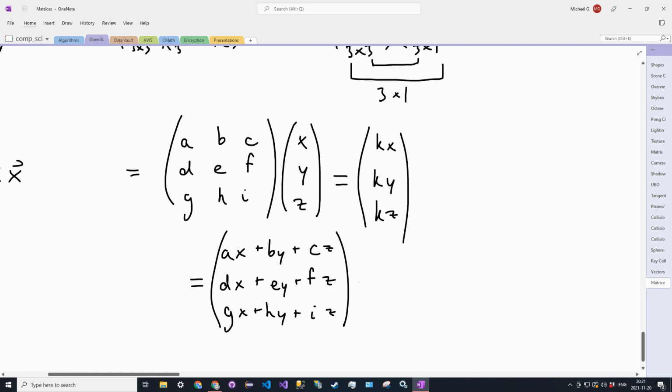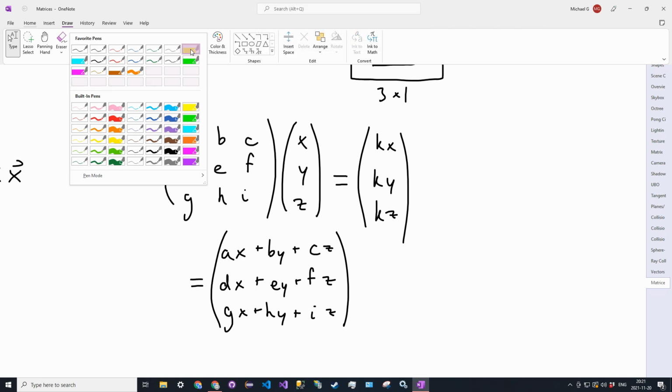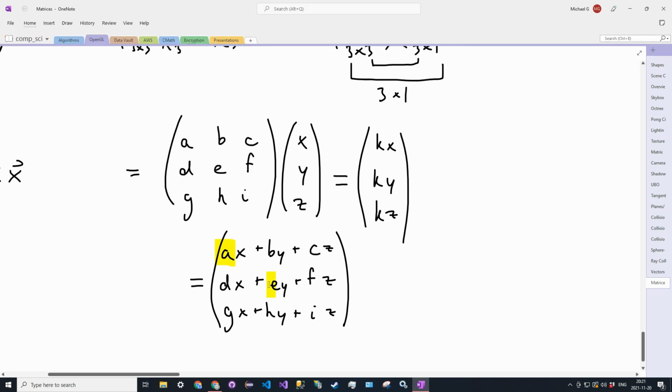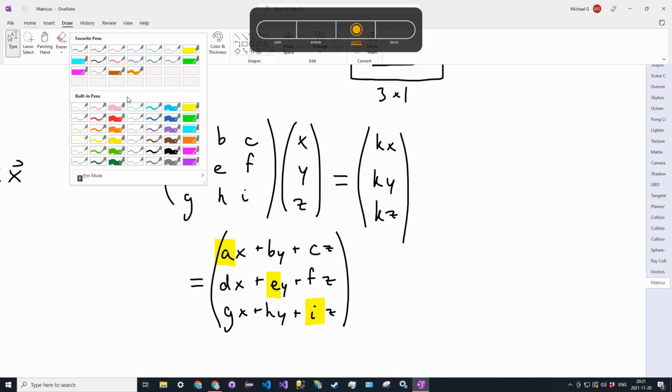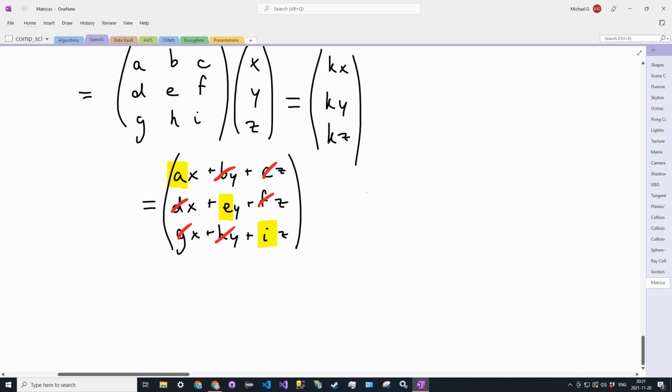And if we want the result to be k's on the elements here, we're going to need the a, so I'll highlight these here, we want the a, the e, and the i to equal k, and then everything else to go to 0. So we need b to go to 0, c to go to 0, d, f, g, h to go to 0. So a is equal to e is equal to i, which is equal to k.